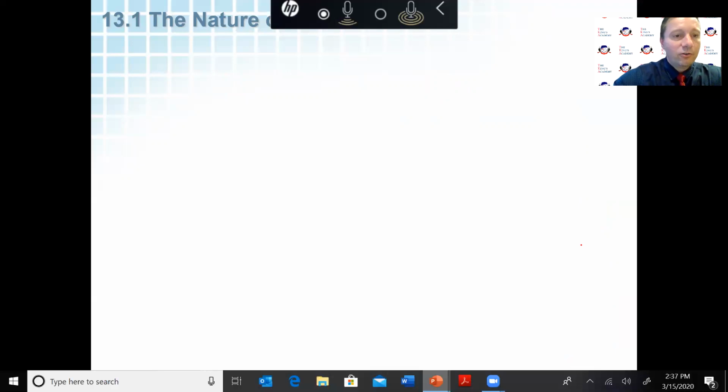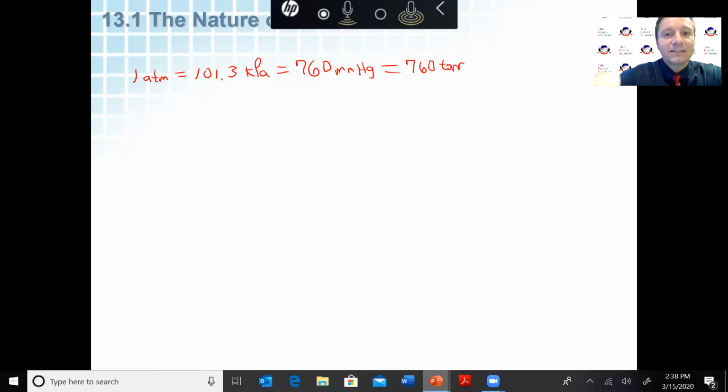So we have 1 ATM, and it is equal to 101.3 kPa, or kilopascals, which is equal to 760 millimeters of mercury, which is also equal to 760 torr.